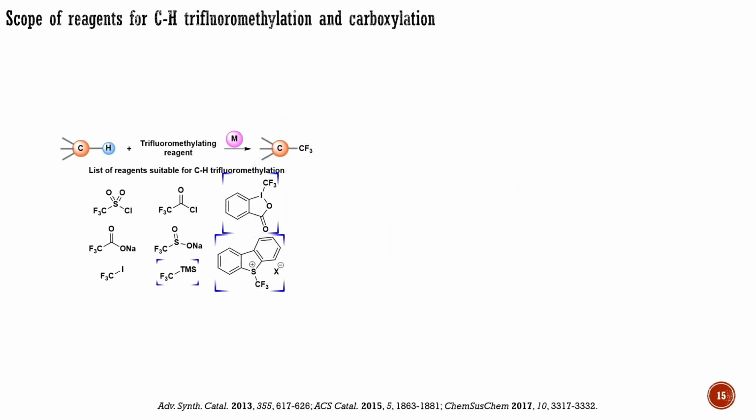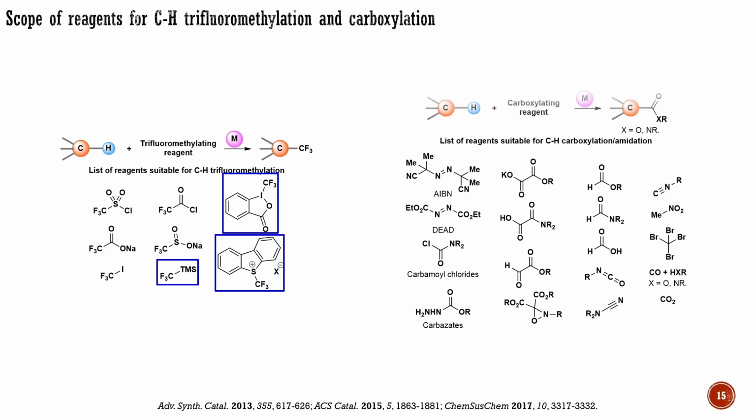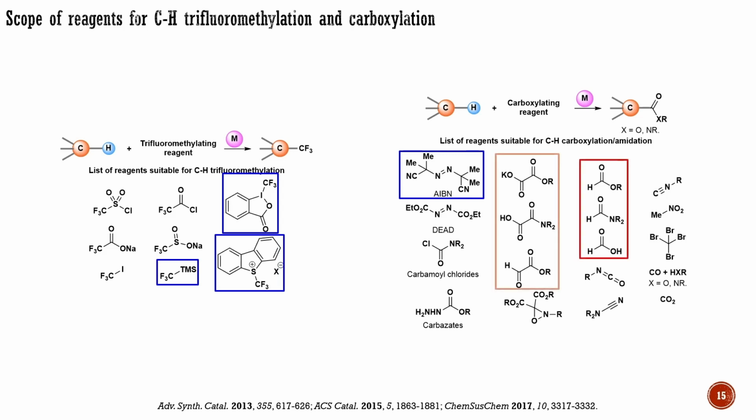The most frequently used reagents for trifluoromethylation include the Ruppert-Prakash reagent, as well as the reagents developed by Togni and Umemoto. For CH carboxylation, one can apply radical initiators like azobisisobutyronitrile, keto acids, derivatives of formic acid, isocyanates, nitromethane, and carbon monoxide, as well as CO2.